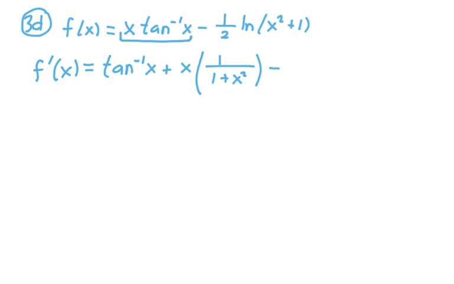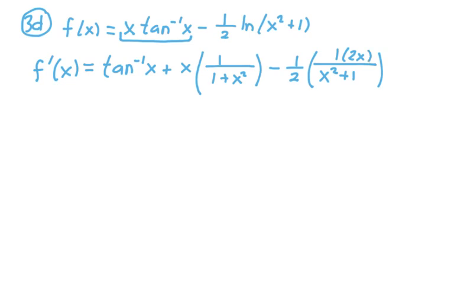I'm going to go minus 1/2 times 1 over (x squared plus 1) times the derivative of that inside function, which is 2x.